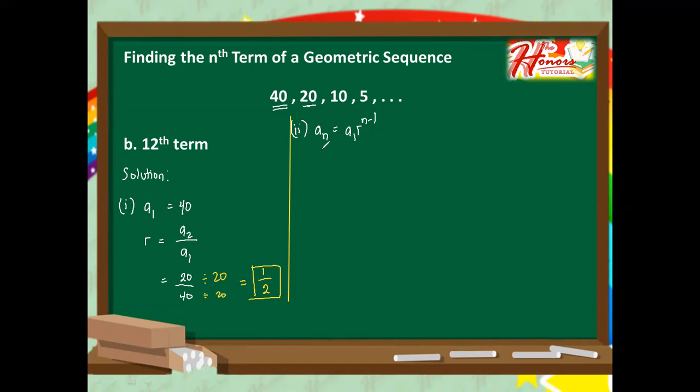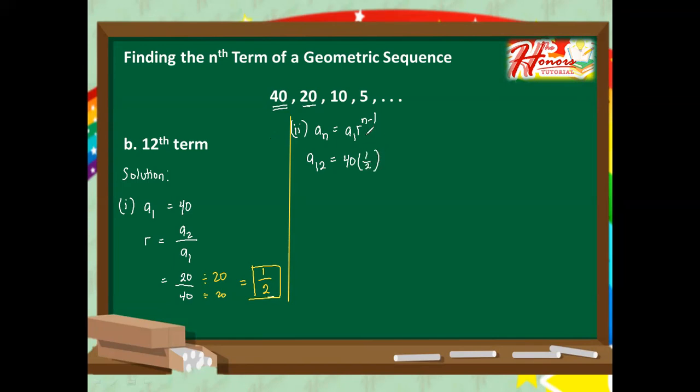A sub n is the unknown term, so that is the 12th term. So that would be A sub 12 is equal to our A sub 1, that is 40, so we will be writing 40 here, times R. Our R here is 1 half.